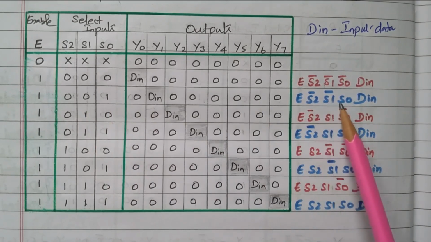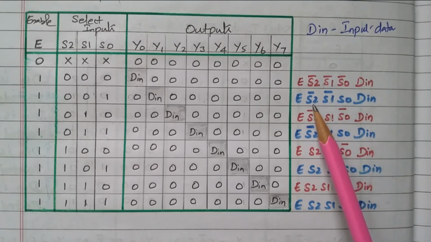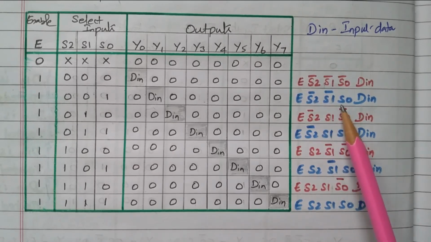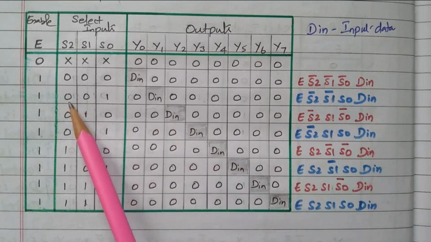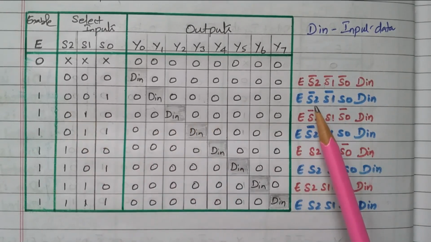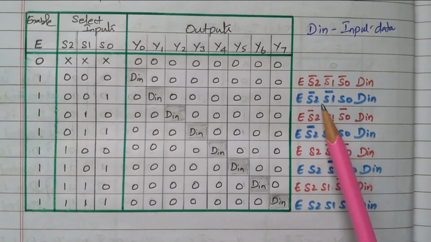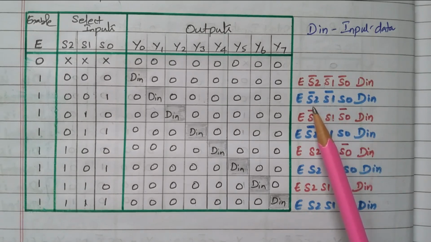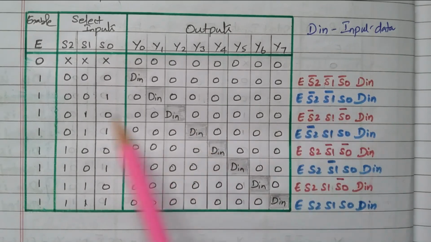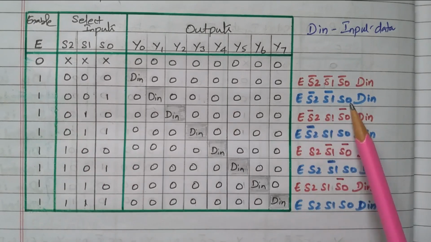So 0, 0, 1 means automatically it becomes 1, 1, 1, right. 0 is converted into 1, this 0 also converted into 1. So according to the selection line, here we are connected directly or with the complement. While taking complement, automatically these zeros become 1, right. So that is the logic available here.